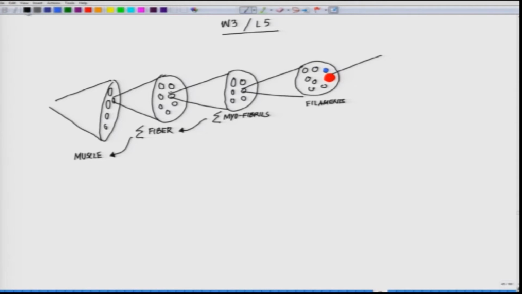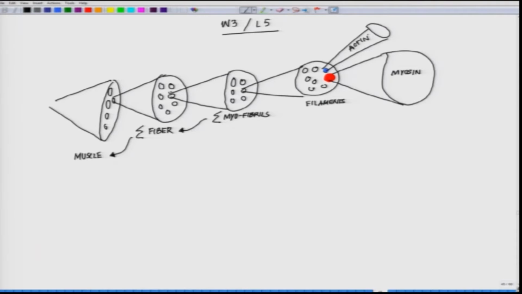So, these red color filaments which are thicker in diameter, they form the myosin filaments, and thin or lesser diameter filaments which are blue in color form the actin filaments.